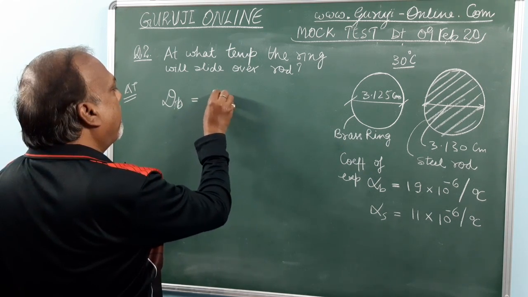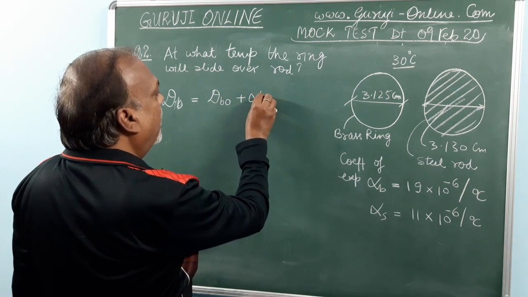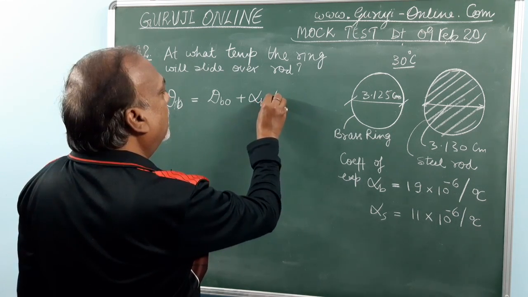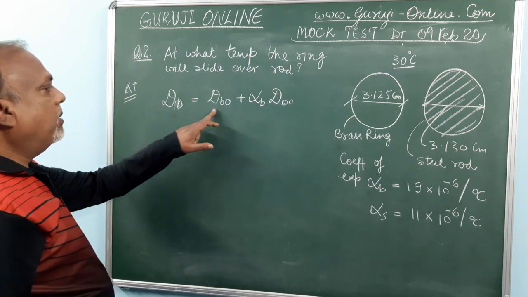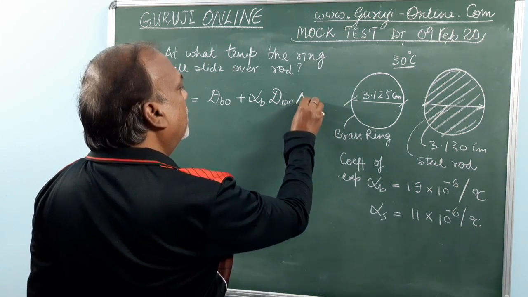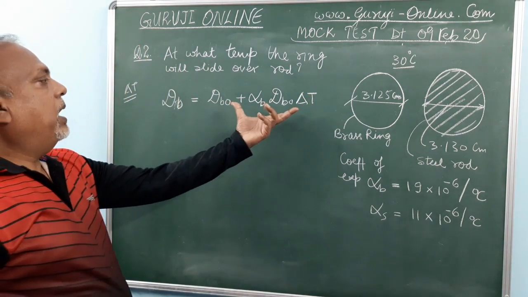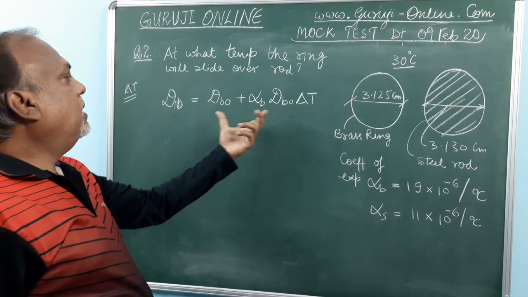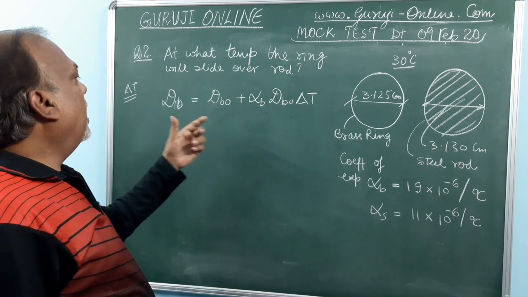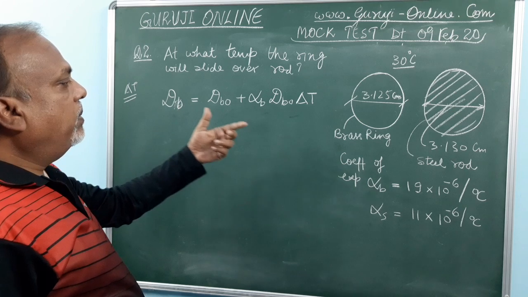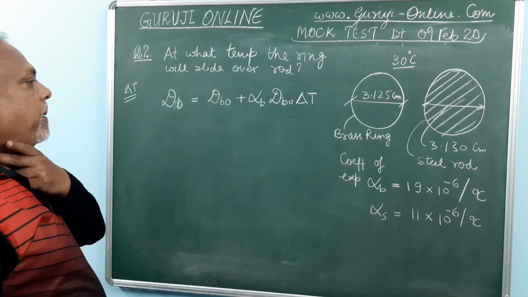This will be the original diameter plus alpha B into the original diameter into delta T. Basically, this will be the elongation and this is the original diameter. So, the sum will give you the diameter of the brass ring when you raise the temperature by delta T.